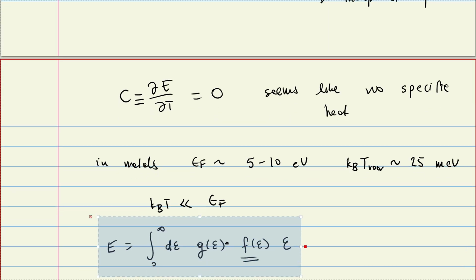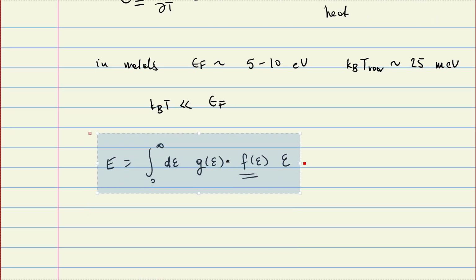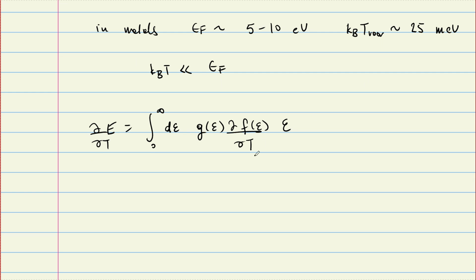If you take the derivative before you take the integral, so this is del T, the only temperature dependent quantity here is this del F del T, and F looks something like this. So this is 1, and there is a Fermi level. It just transitions from 1 to 0.